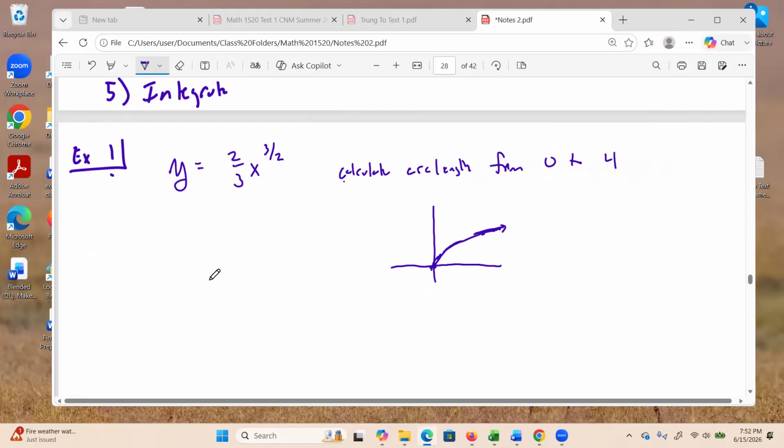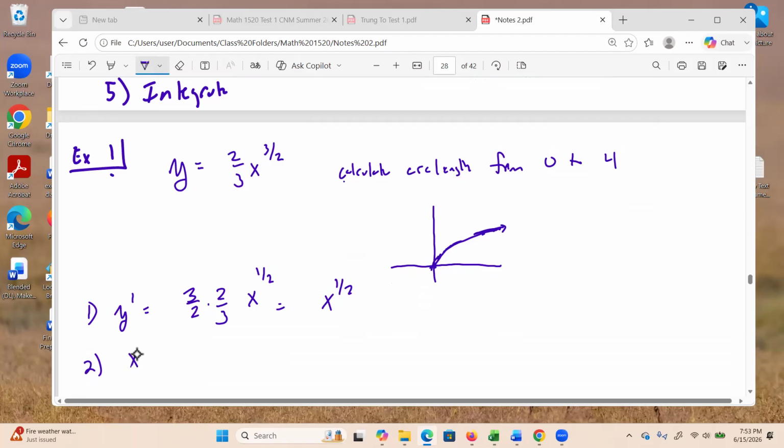That's what we're trying to figure out. I picked an easy problem so we can start off with this. So let's just go through our steps. We're going to say y prime equals, just take the derivative. We took calculus 1, we can do this. It's 3/2 times 2/3. Boy, that was lucky, wasn't it? x, and we have 3/2 minus 1. 3/2 minus 2/2 is 1/2. Simplify this, so we end up with x to the 1/2. Our second step, square this thing.